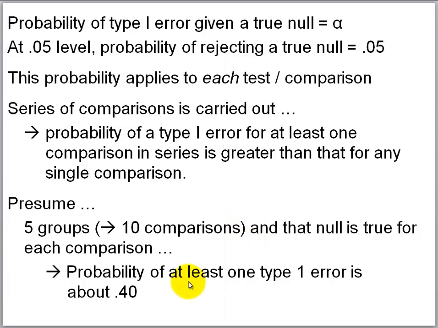But for the full series of 10 comparisons, the probability of committing at least one type 1 error, that is to say a type 1 error on any one of the 10 tests, or perhaps on 2 or 3 of them, equals about 0.40. So this probability is considerably greater than the probability of committing an error on one given particular test.